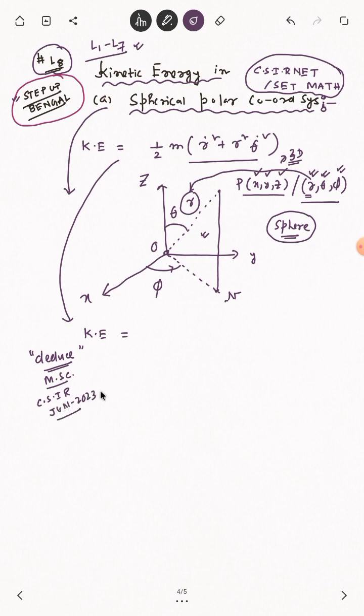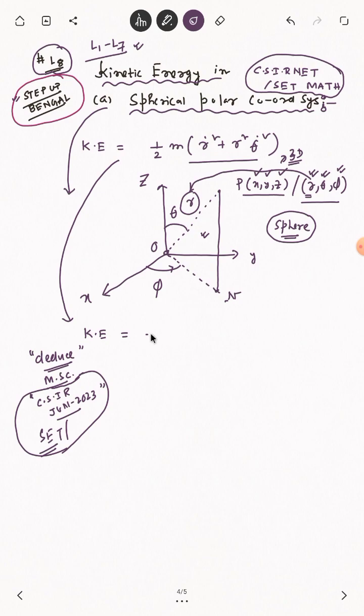So from an exam perspective, we have to do all the things very quickly so that we can use the concepts in related problems of CSIR, SET, or GATE. Especially these two exams test the concept of classical mechanics very much, and we often see probable questions from classical mechanics.